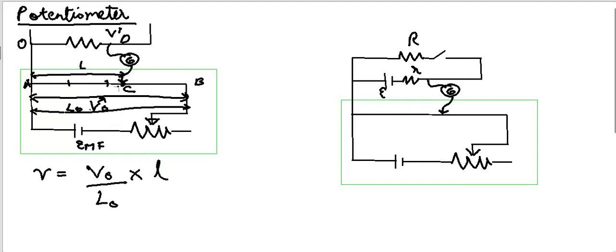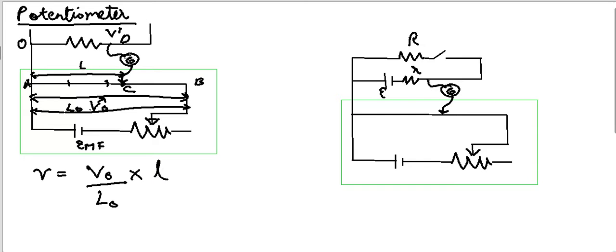I will get, by trial and error, a point on this potentiometer, because at different points the potential will be different depending on the length or distance from point A. So I will find one point C where the potential at C will be the same as the potential at D. How will I know that I have found such a point?